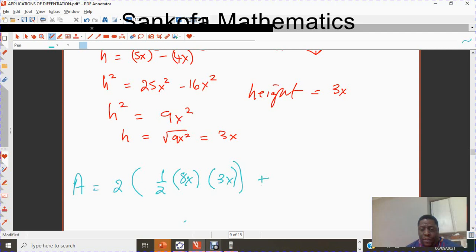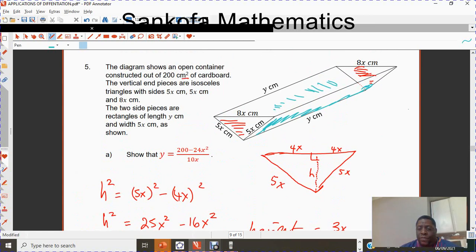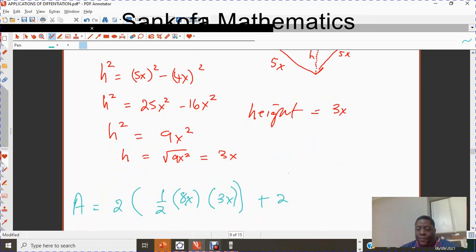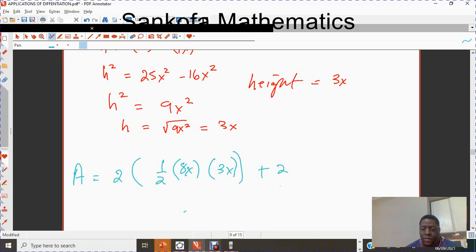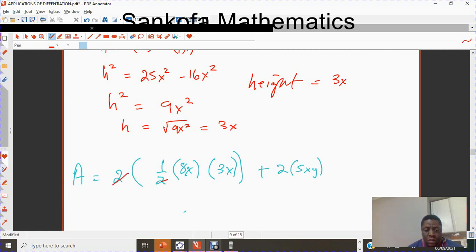So there will be two of them, plus two of these rectangles, and these rectangles have area 5x times y, so 2 times 5xy. So I'm going to let everything equal, so the triangles give 24x squared plus 10xy, and everything should equal 200.